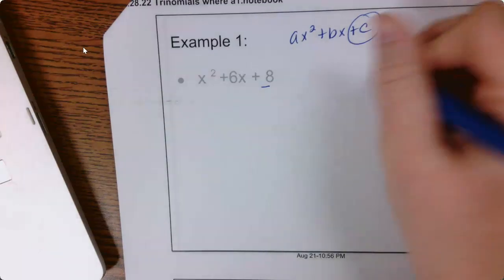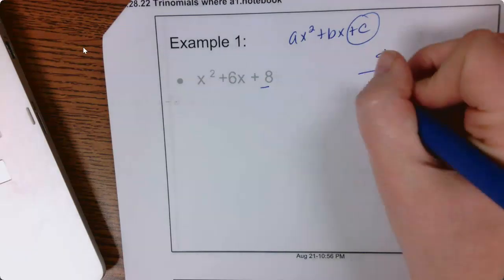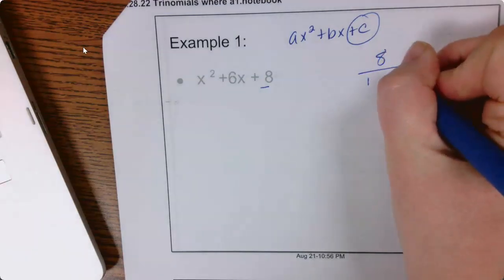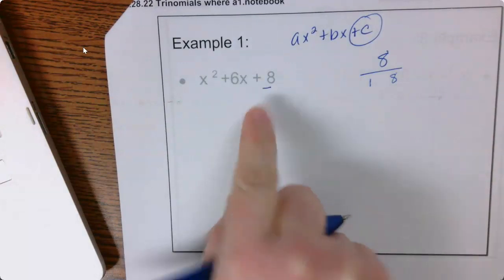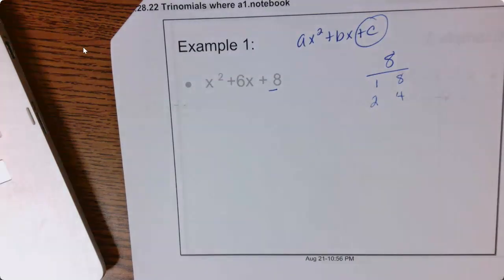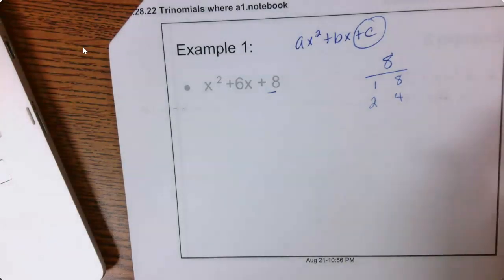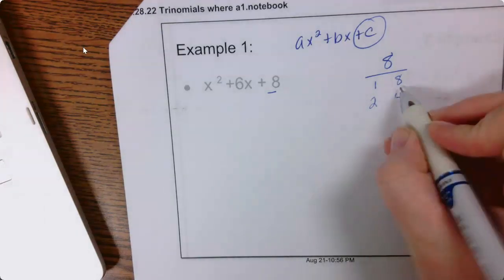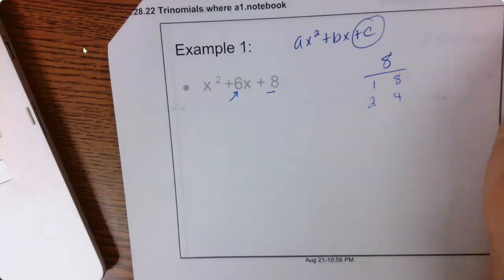You want to see, okay, what are my factors of 8? List them out. 1 and 8. Everything's positive here, so we're not going to have any negatives. And then you have 2 and 4. So what you want to do today is figure out which pair adds to give us the 6.